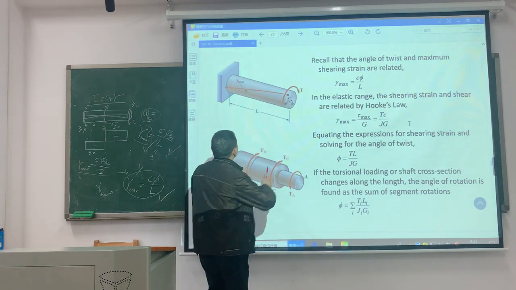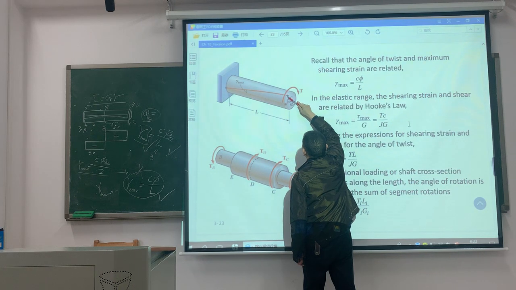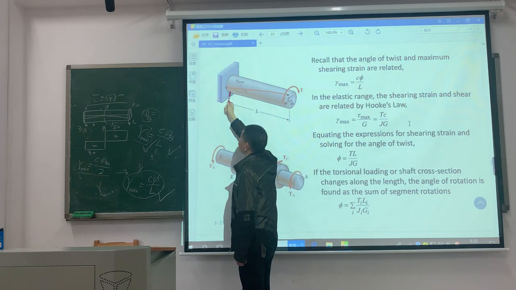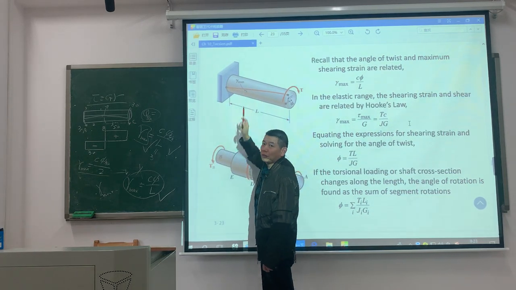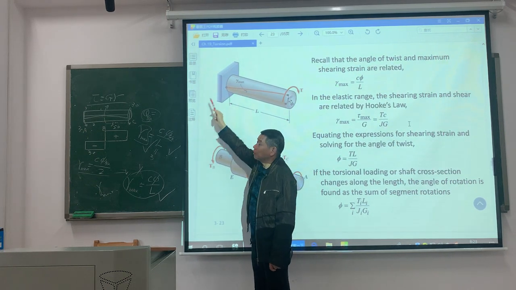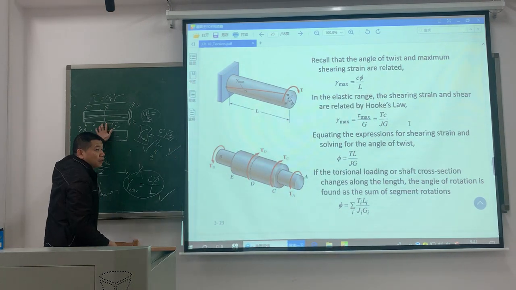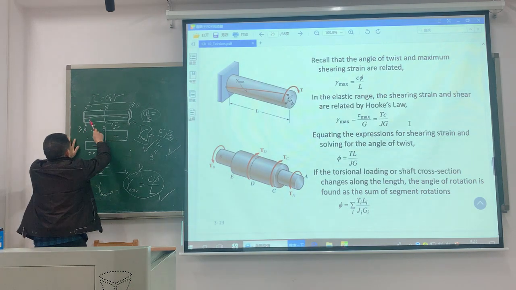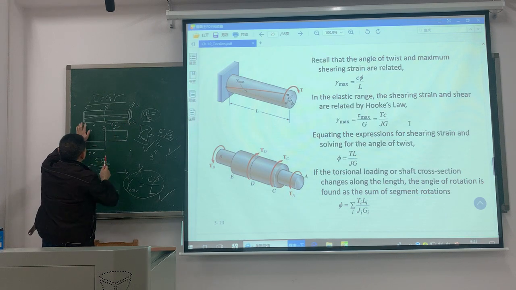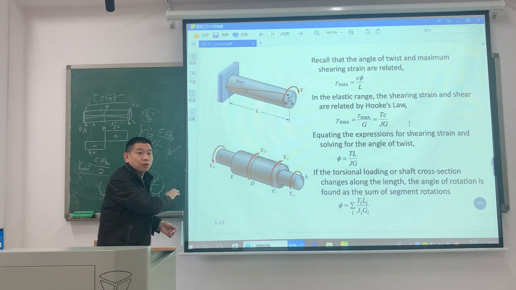Look at it. What is C phi? Yes or no? The length is C phi. The length is L. So it's gamma max, because the line is a straight line. But for this problem, of the deformation, a straight line comes to a curve, it is not a straight line, so we can't use it.